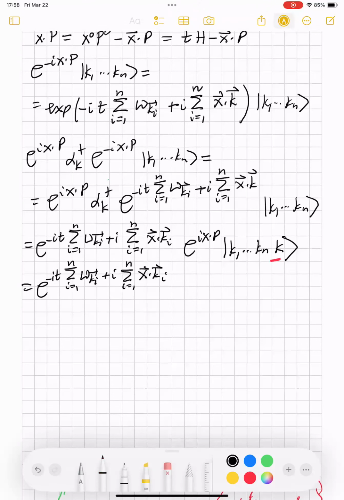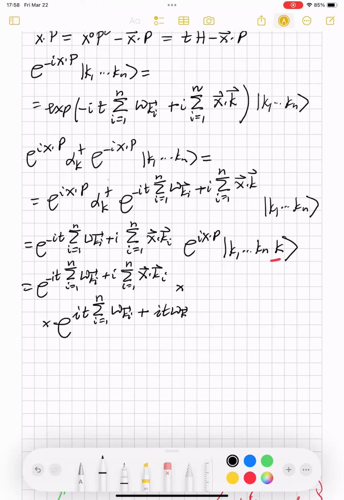And then for the e to the ix dot p, we will have e to the it sum i equals 1 up to n of the omega ki, but then plus it omega k. So that's from the extra particle that was added.